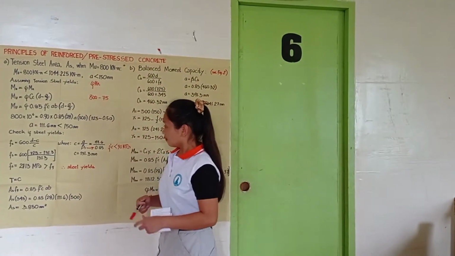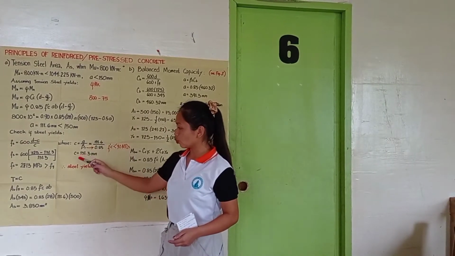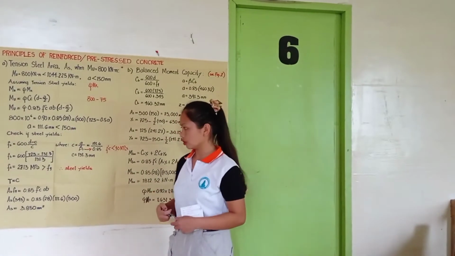So the answer, 111.6 over 0.85, is 131.3 millimeters.